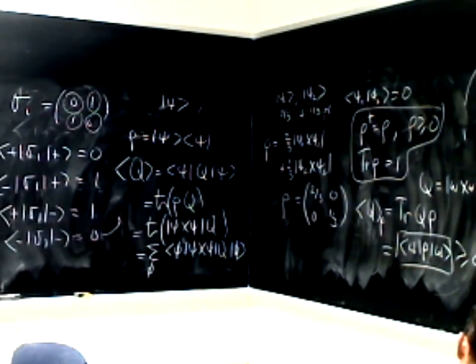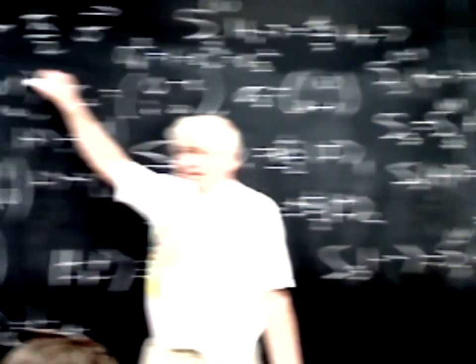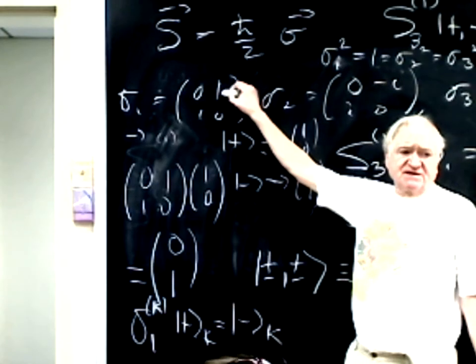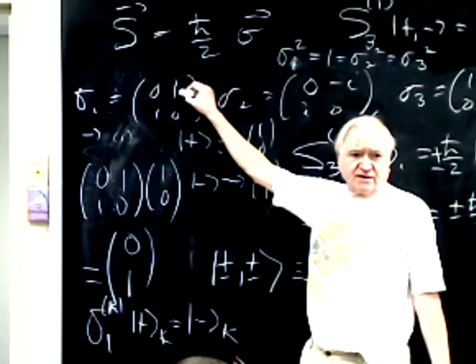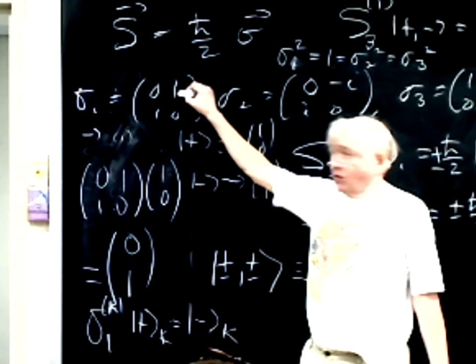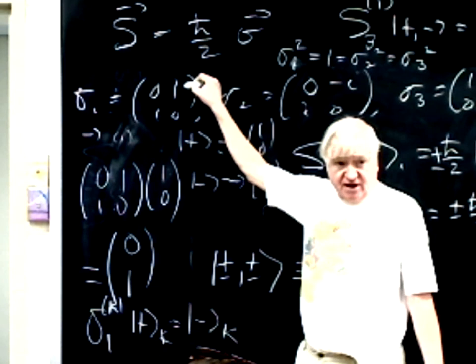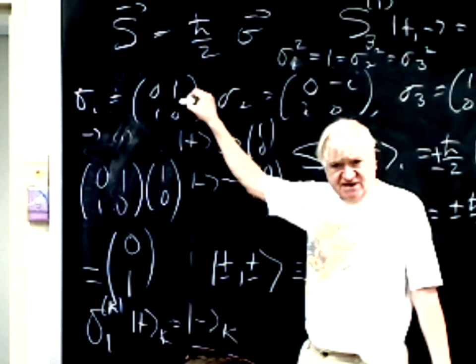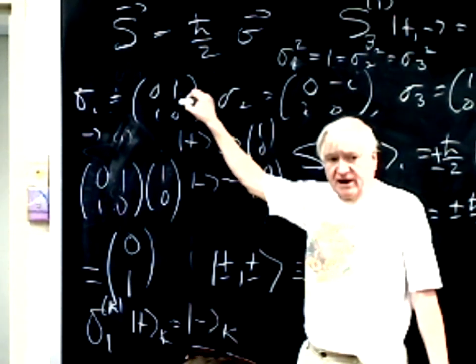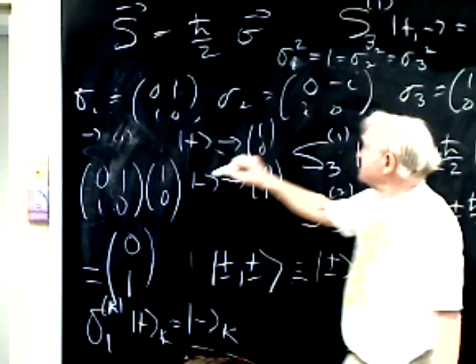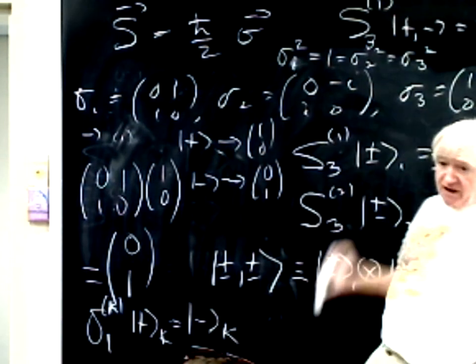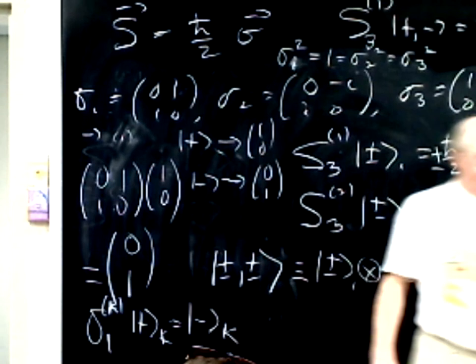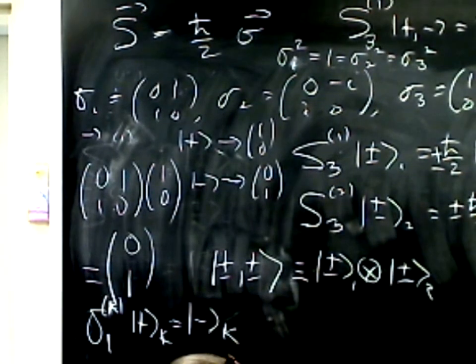If you spin that camera around, this matrix here has matrix elements that are all non-negative. See, all matrix elements are non-negative, but the eigenvalues of sigma 1 are plus or minus 1. They're the same as the eigenvalues of sigma 3. Okay.